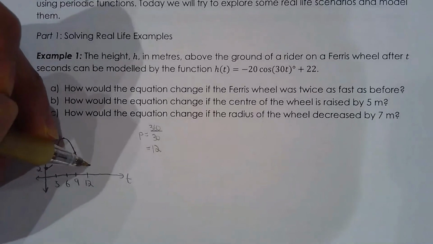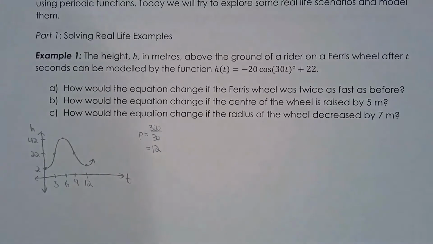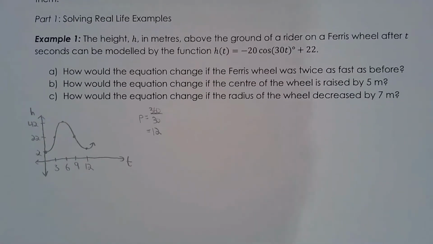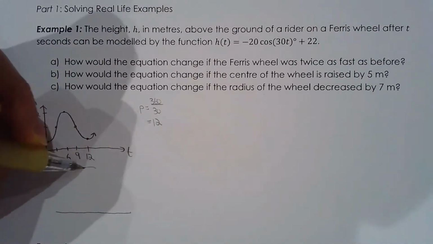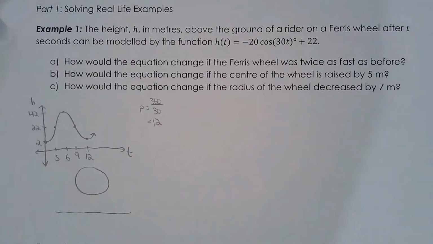All right, beautiful. So like I said, you don't really need to have the graph, but I feel like it will help us out. And using these values, the 2 and the 22 and the 42, I'm also going to try my best to draw. Oh, that's horrible. I have to try again.